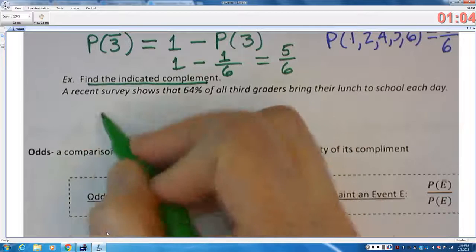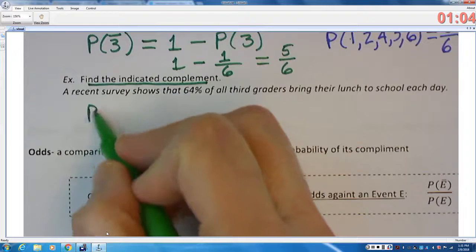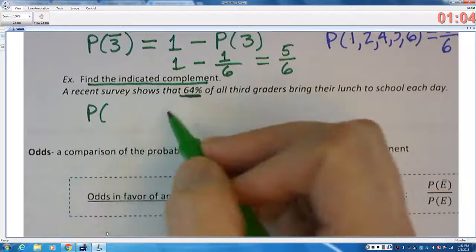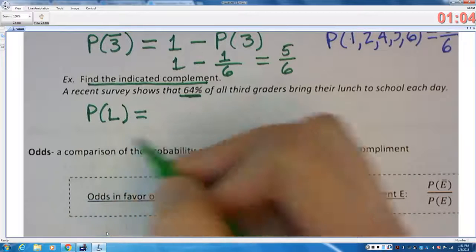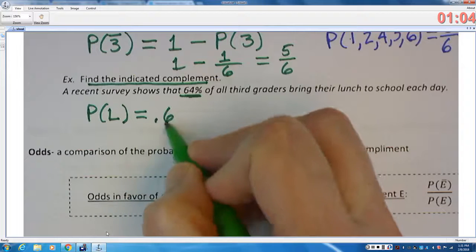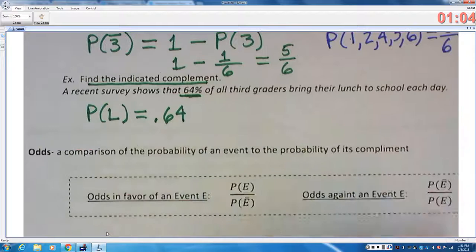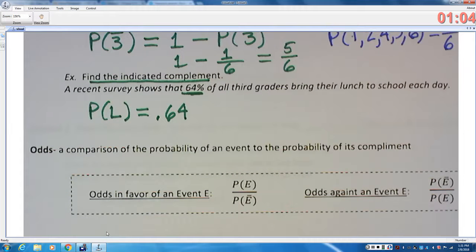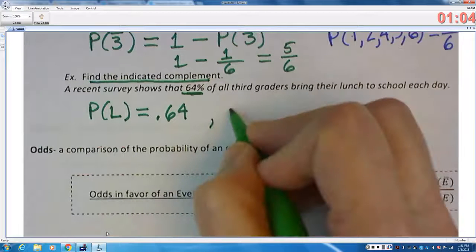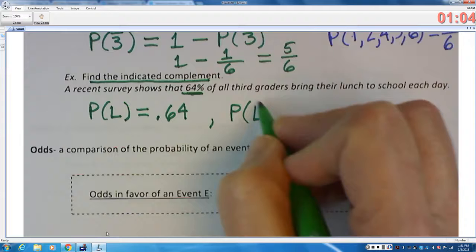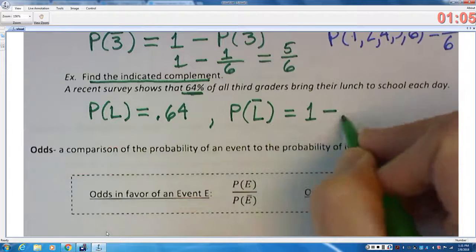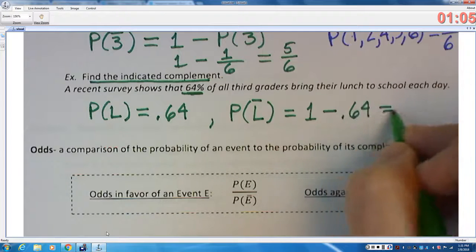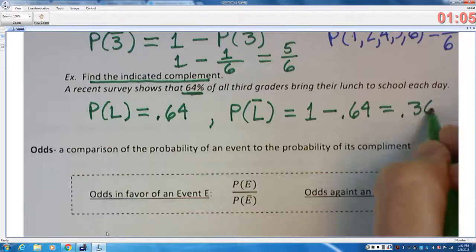So we're going to change percents to decimals, probability that they bring their lunch, P of L, will be 0.64. To change a percent to a decimal, we just divide by 100. What's the probability of the complement of that? We have to subtract from 1, is 0.36.